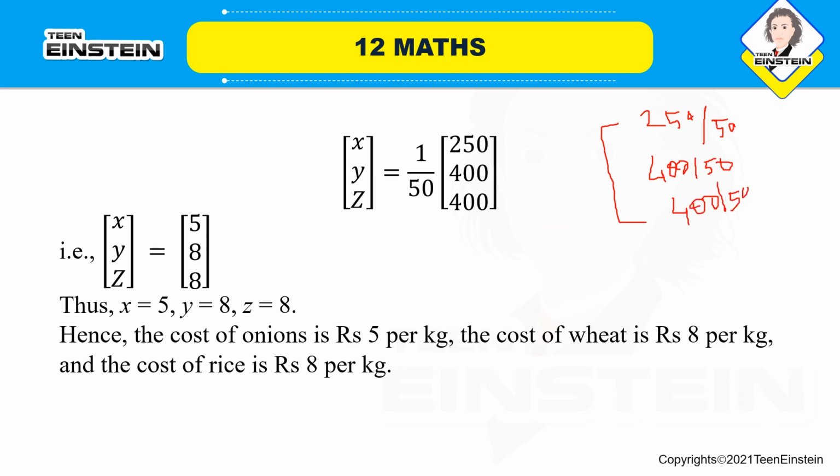On simplification, this is 5. 5 eights are 40, so this is 8, and this is also 8. So what you are getting is 5, 8, 8. On equating, we get x equal to 5, y equal to 8, z equal to 8. Therefore, the cost of onion is rupees 5 per kg, the cost of wheat is rupees 8 per kg, and the cost of rice is rupees 8 per kg.